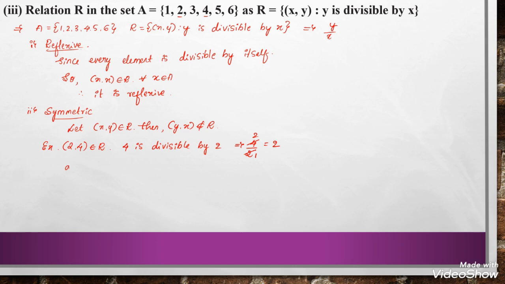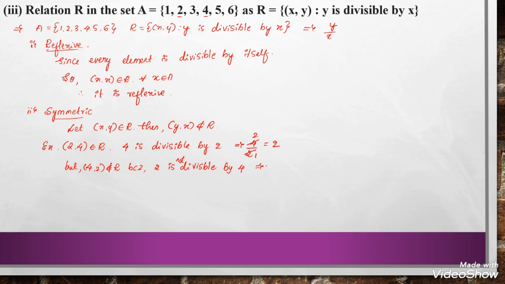Similarly, while considering the elements 4 comma 2, 4 comma 2 does not belong to R because 2 is not divisible by 4.